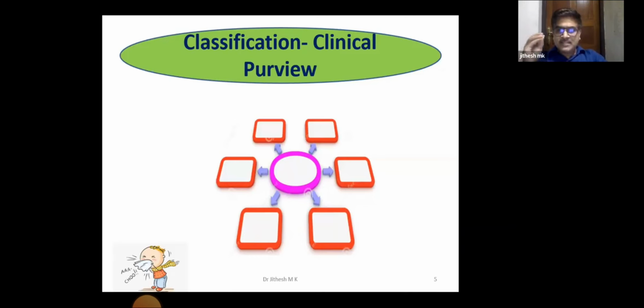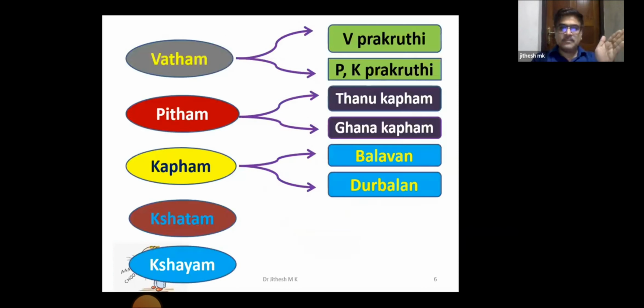Then only we can select the medicines precisely. Simply diagnosing vataja kasa is not sufficient. Simple paithika kasa is not sufficient to reduce the number of medicines. How to disintegrate the classifications a little more precisely, that we will see.